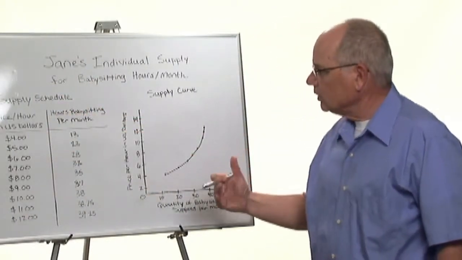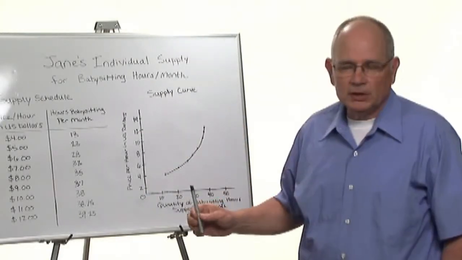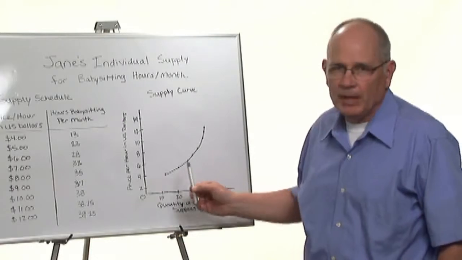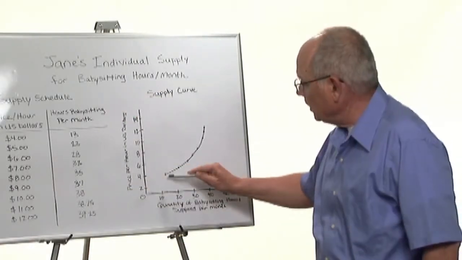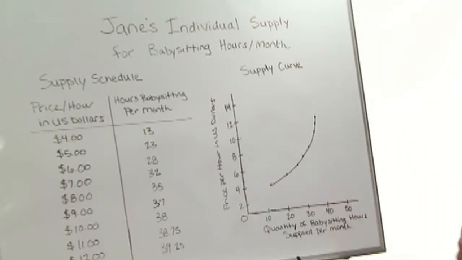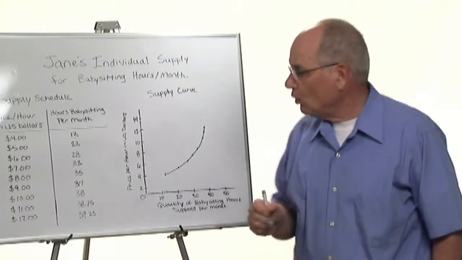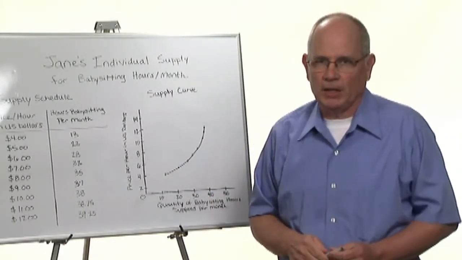So as a result, the only thing that impacts the number of hours in this particular case that Jane is willing to babysit is basically the price. And here we see that there's a movement along the supply curve. And when there's a movement along the supply curve, economists call that a change in the quantity supplied.